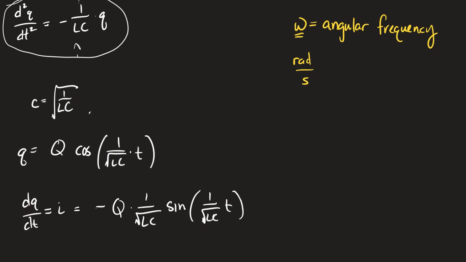It's a 2 pi conversion. There are 2 pi radians in every 1 oscillation. So if this is in radians per second, then the frequency would be the angular frequency divided by 2 pi, in units of hertz, oscillations per second.